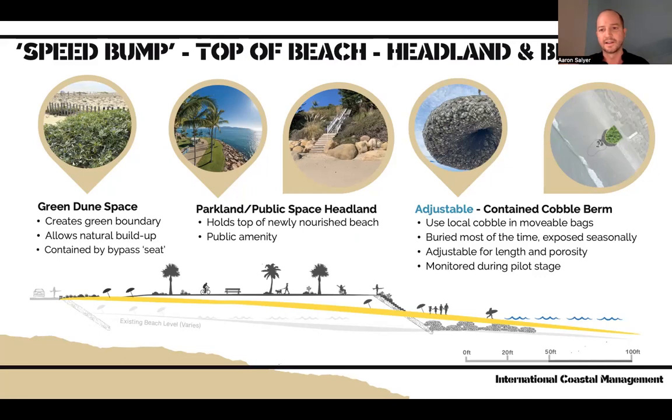So part of the pilot project going forward, if we need to reduce the amount of sand flow that's going around the headland, we can add more cobble bags. If we want to increase the amount of sand flow going around the headlands, we can pull out some of those cobble bags and increase the sand flow basically.